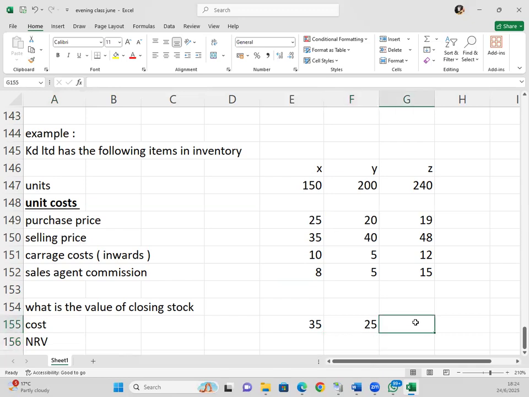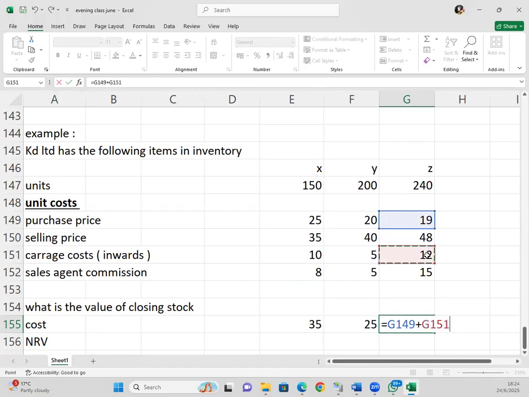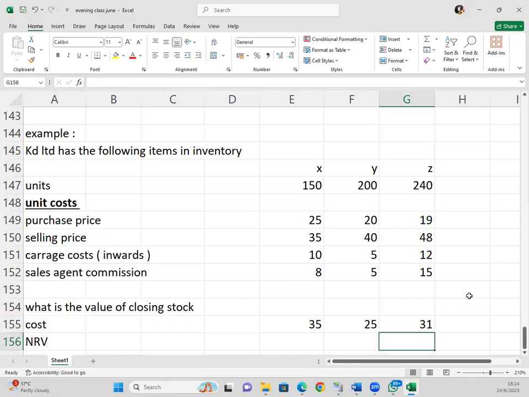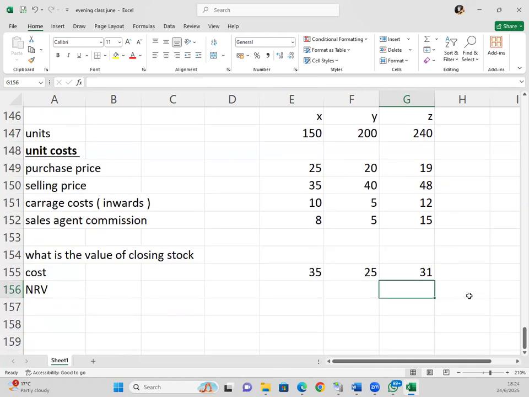We get our cost. So the cost consists of the purchase price plus any additional costs you have to pay to bring the inventory to the business.